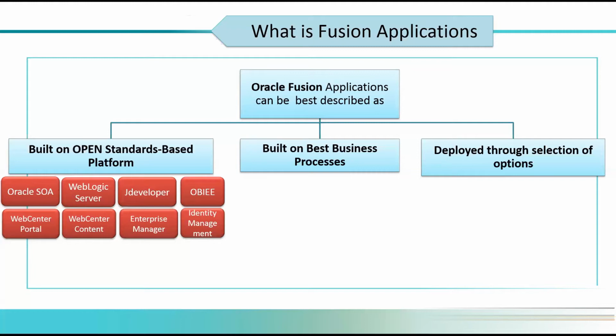And OBIEE is Oracle Business Intelligence Enterprise Edition, which you can use for enterprise reporting purposes. And WebCenter Portal, where you can create your internet sites, intranet sites, external sites, or microsites.